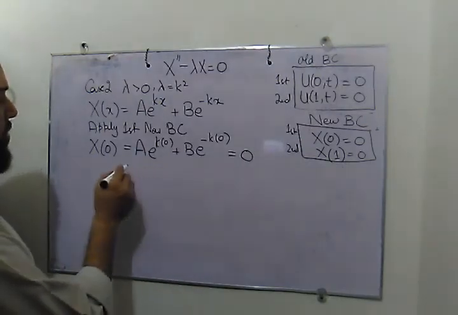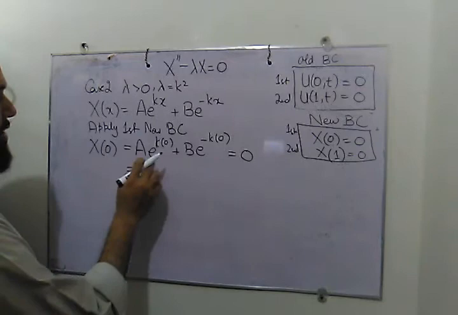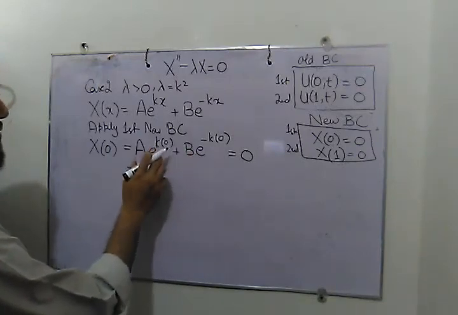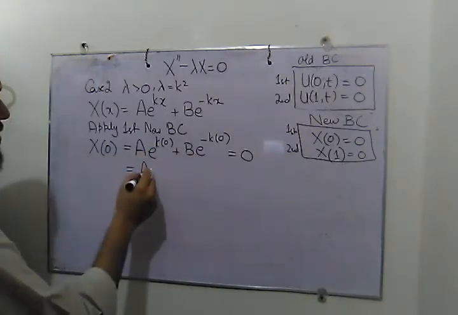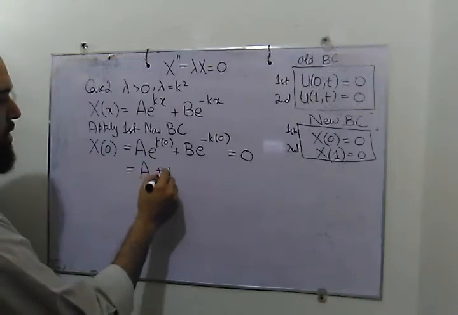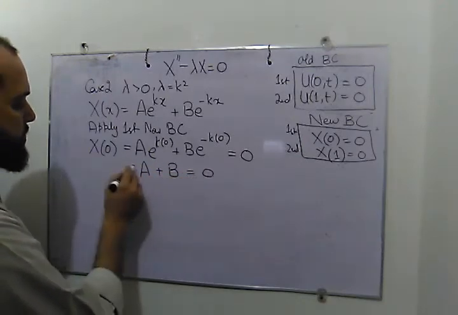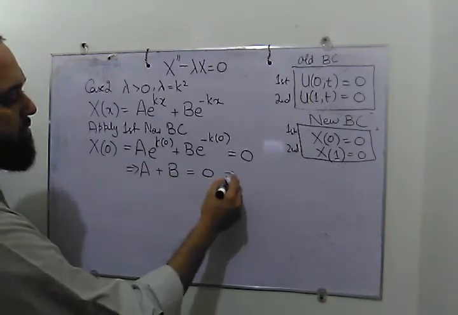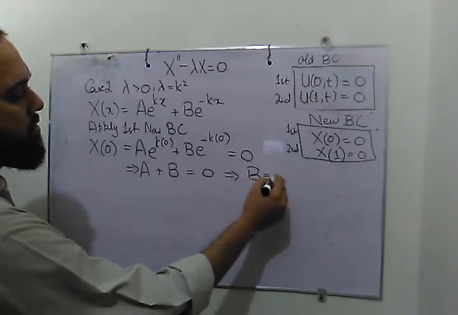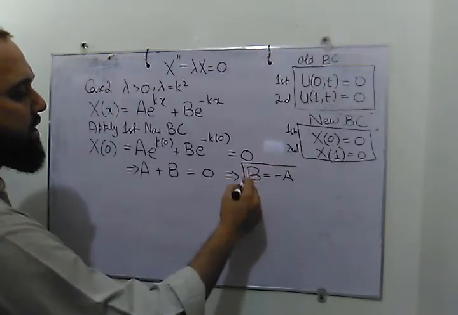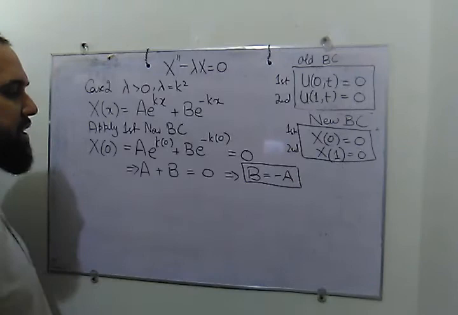The exponentials become 1 because they have power 0. So a plus b is equal to 0, which means that b is equal to minus a. So whatever a is, the negative of it will be b.